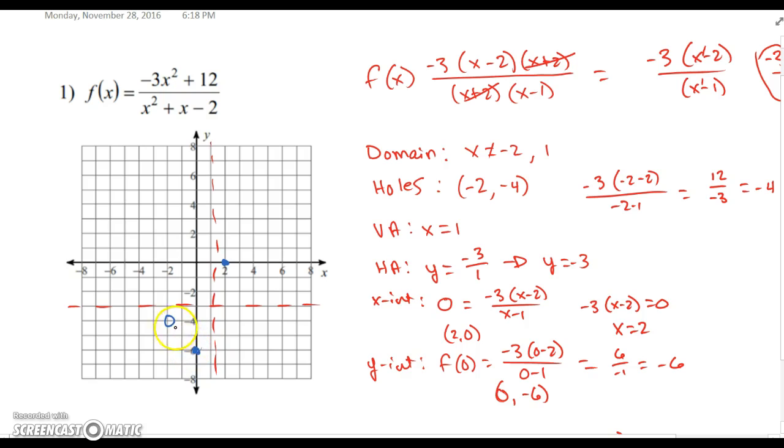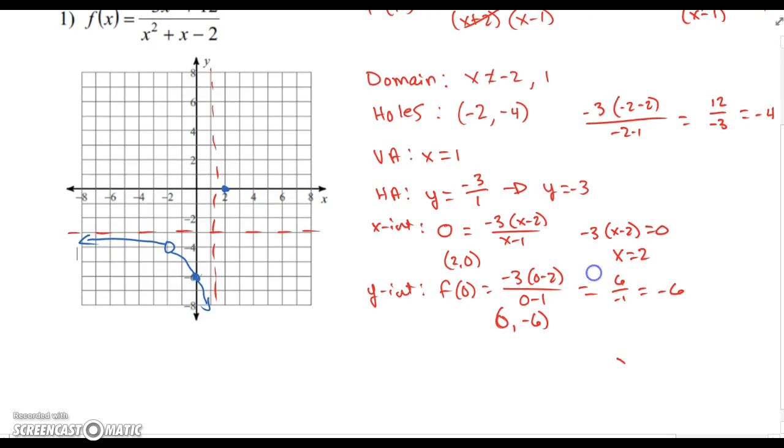So that should give me an idea of what this graph's going to look like on the bottom left here. And then I think I know what this graph's going to look like on the top right, but let's find, I don't know, f of 4, just to give me one more guide point.